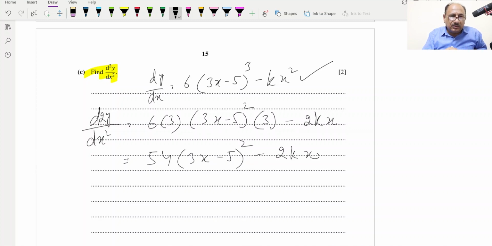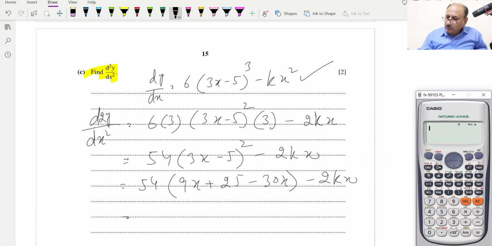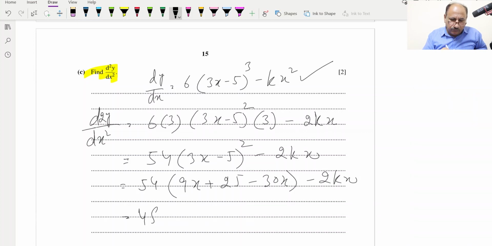This will be the second order derivative, and if we open the square we will get 54 into 9x plus 25, minus 10 into 3 will be 30, so minus 30x, minus 2kx. We will open the bracket, so 54 multiplied by 9 will be equal to 486, and this should be basically 9x square.